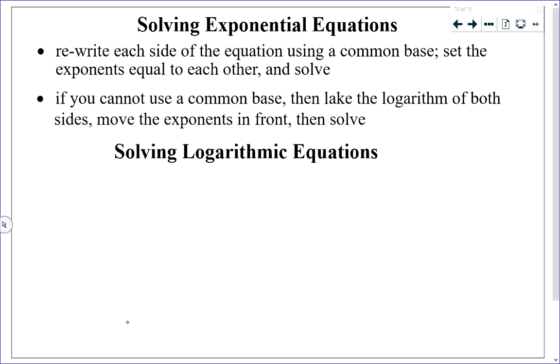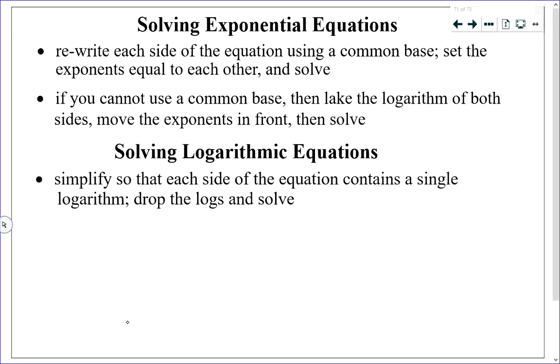When we're talking about logarithmic equations, it's kind of the same thing. If it's possible to get a single logarithm equal to a single logarithm, as long as the bases are the same, then you can forget about the logs and solve the resulting equation. In other words, using your laws of logarithms, you can end up with log base 8 of one thing equals log base 8 of another thing, and then those two things have to be equal.